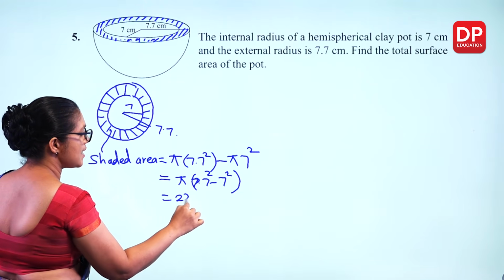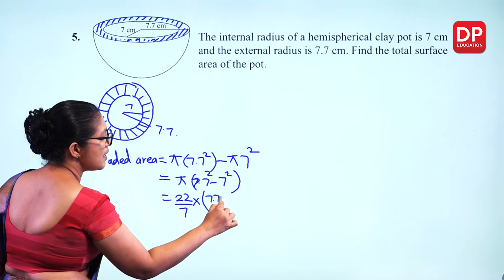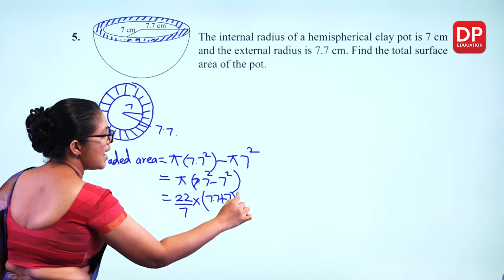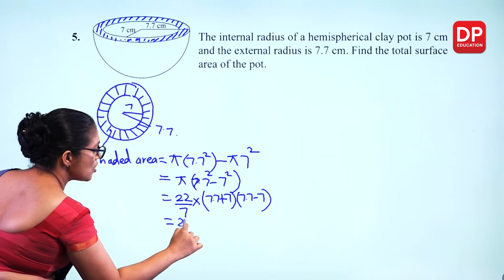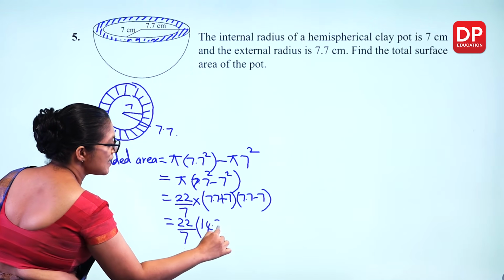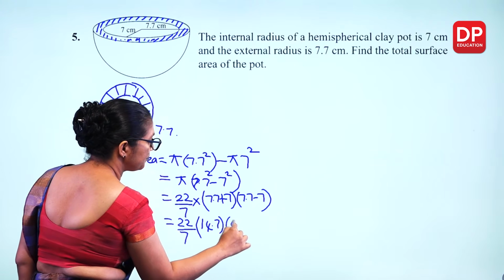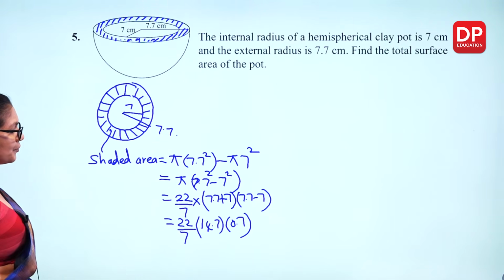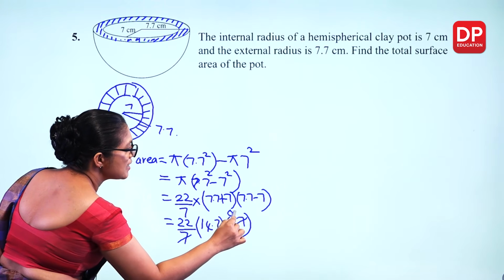Pi, I can take 22 over 7. Here 7.7 plus 7 and 7.7 minus 7. So what you get? 22 over 7, 14.7. When you subtract 7, what you get? 0.7. Now we can simplify. 7 and this 0.7, you get 0.1.